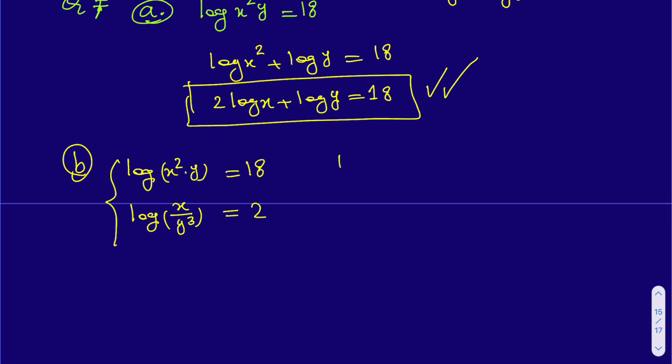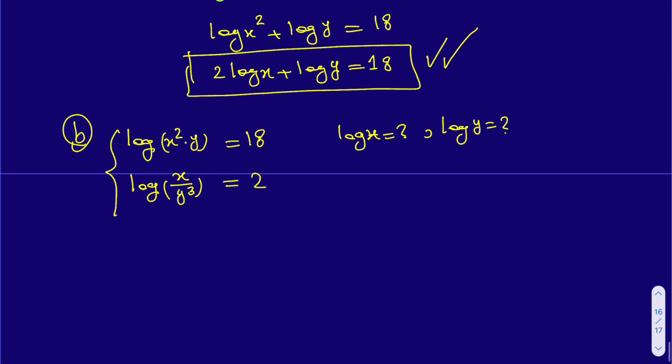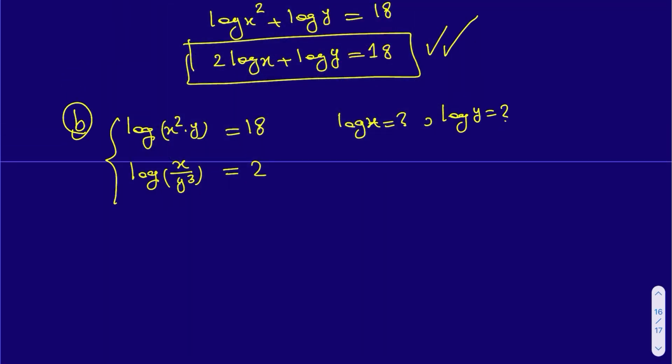And then we are supposed to find the value of log x and log y. Find the value of log, okay, not the value of x. So then simply I can rewrite equation. Let me write here equation number 1, and this one is number 2.